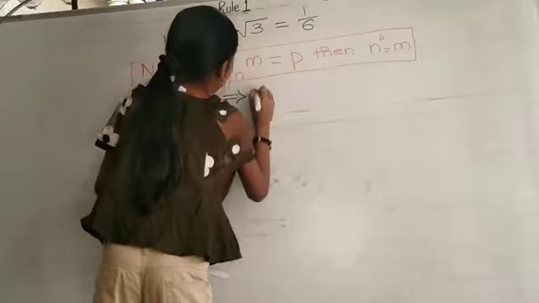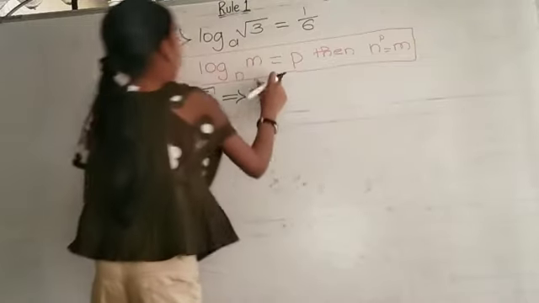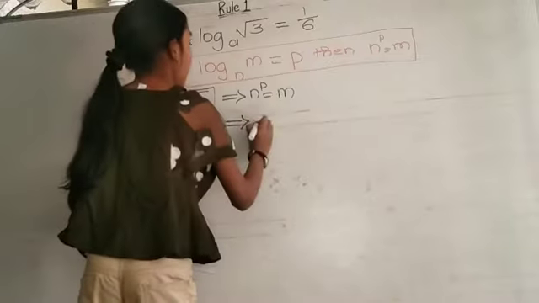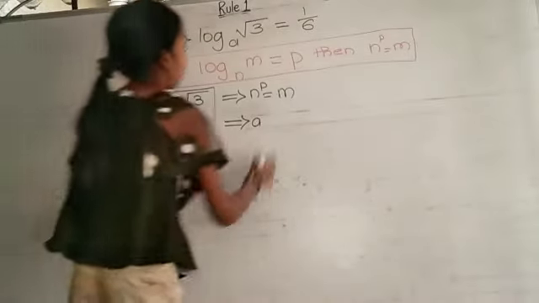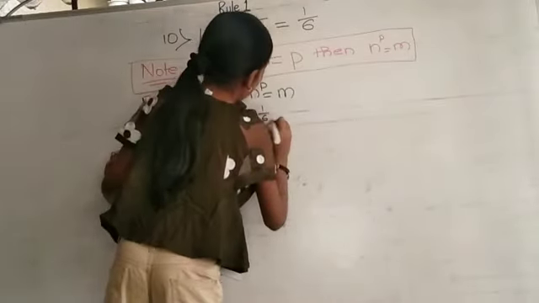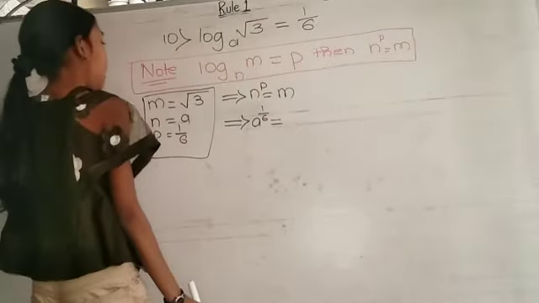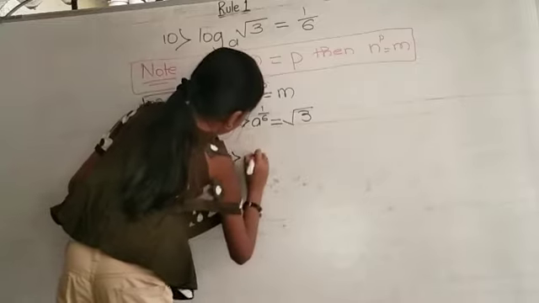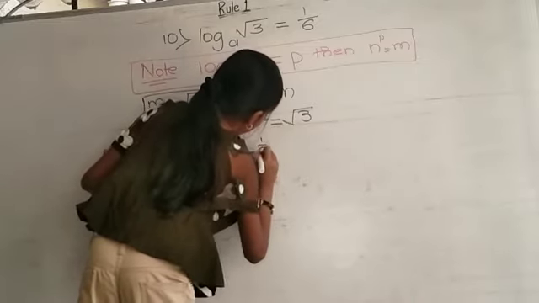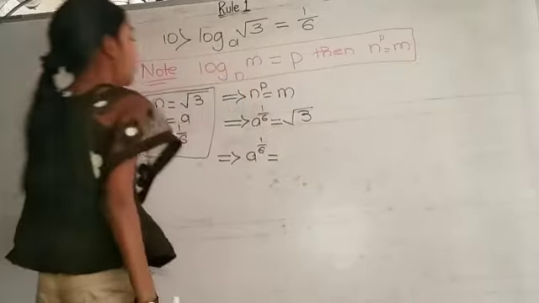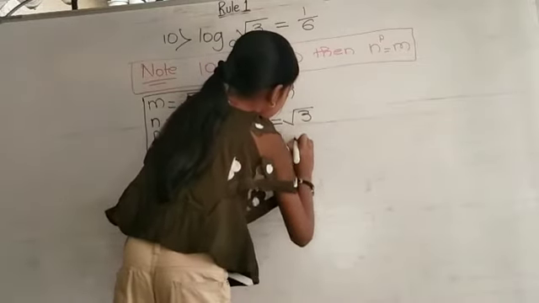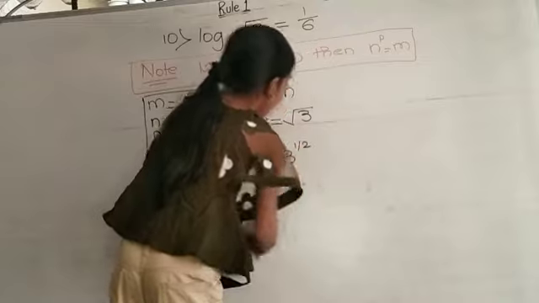We will do it in the simple form. N raised to p is equal to m. N value is a, p value is 1 upon 6, is equal to m value, which is root 3. So a raised to 1 upon 6 is equal to, this we are going to write as 3 raised to 1 upon 2.